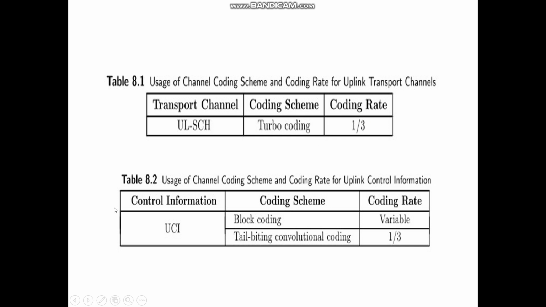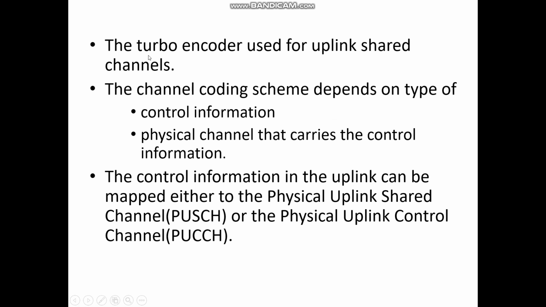Similarly, usage of channel coding scheme and coding rate for uplink control information is given here. Control information is UCI. Coding schemes are block coding with variable coding rate. That is, variable coding rate is used with block coding. Tail biting convolutional coding is used with coding rate of 1 by 3. The turbo encoder is used for uplink shared channels.